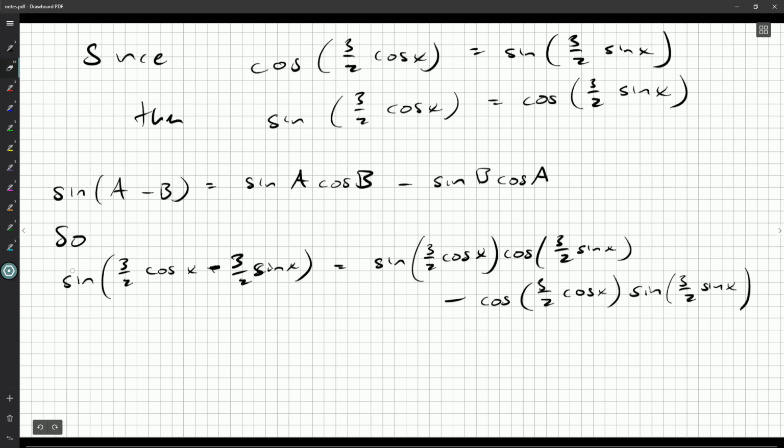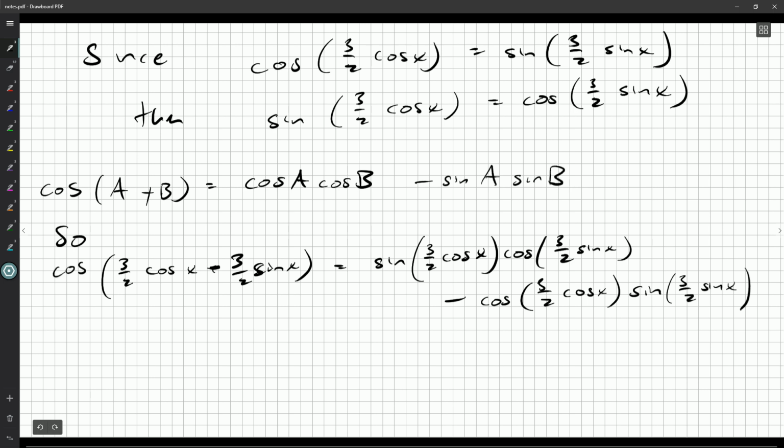So instead, cosine. Let's try cosine. So if I do cos of a plus b, you get cos a cos b minus sine a sine b. Right?